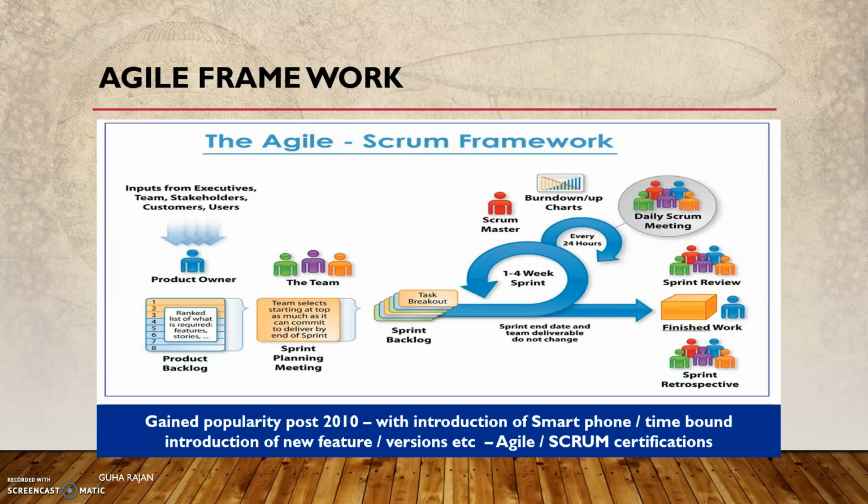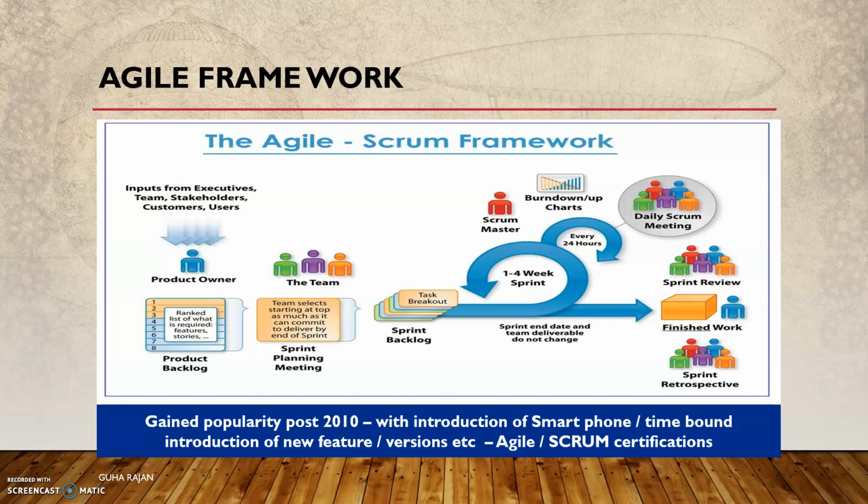So Agile gained ground, I mean, Agile is better for any kind of product development. Agile or Scrum certification, because instead of a project manager, you have a project facilitator. So that is what has happened.